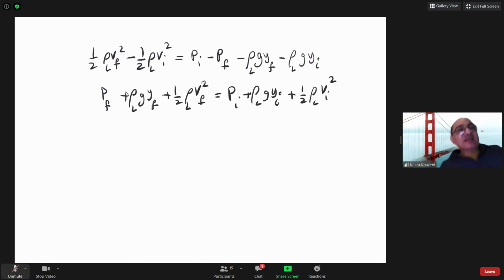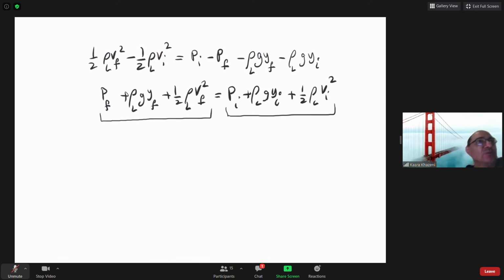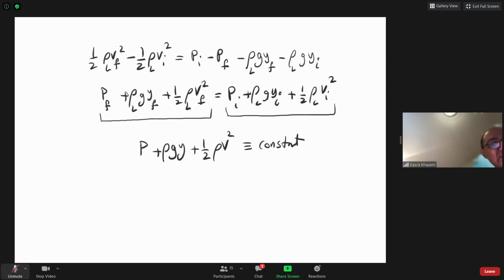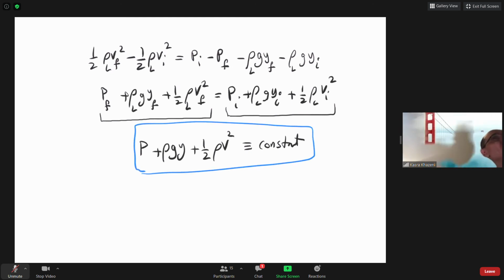So you can see this term, whatever this term is, at the final end of the pipe is exactly the same term at the initial end of the pipe. In other words, P plus rho g Y plus 1/2 rho V squared is a constant. This is another constant we just found. This is called Bernoulli's equation.